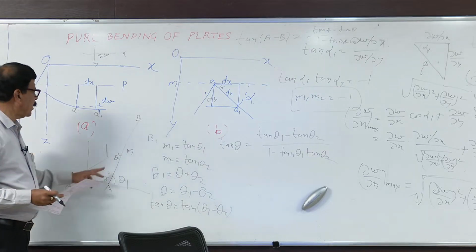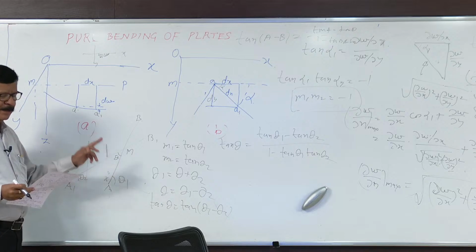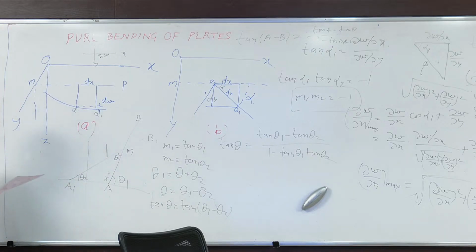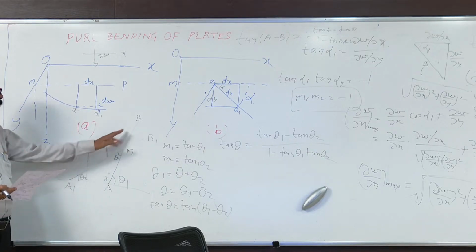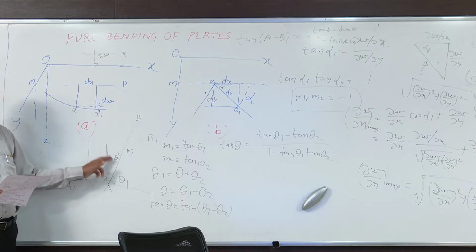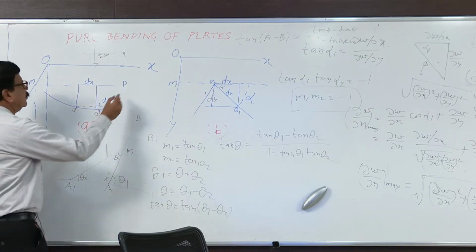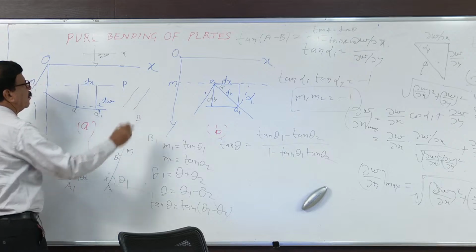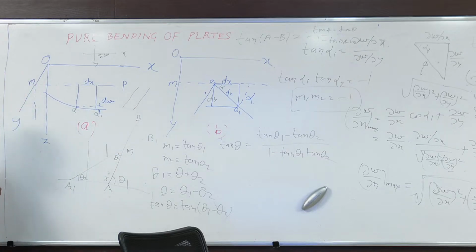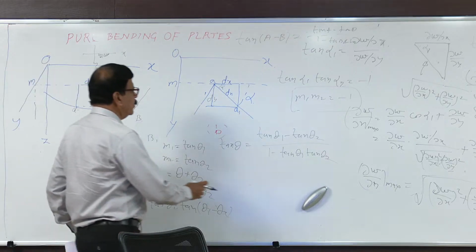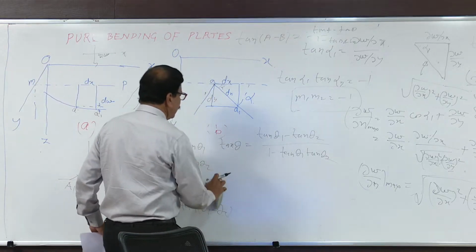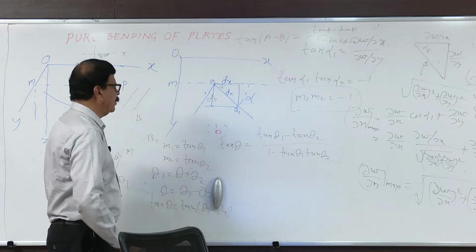If the two lines are parallel, then theta is zero. So tan theta is tan 0 for the two lines being parallel.